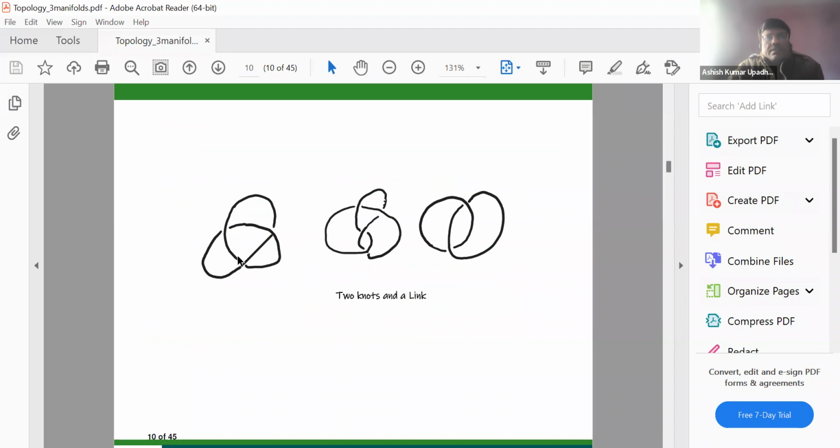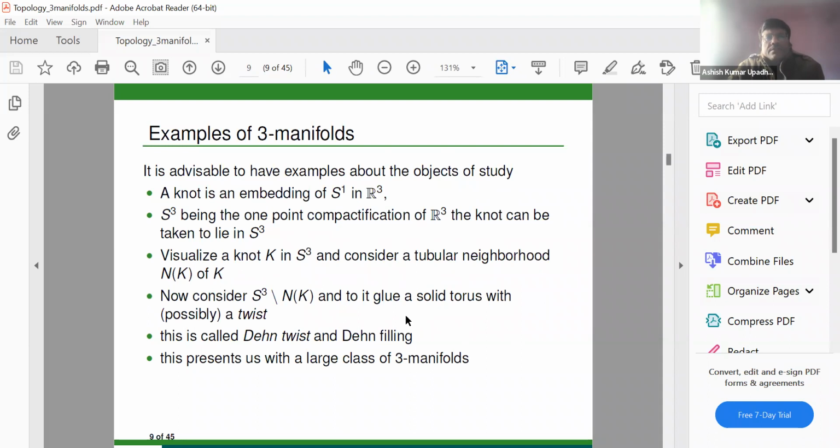So if you look at these knots, you can understand what is being said in a better way. A tubular neighborhood is being removed and a solid torus is being glued back, possibly with a twist.